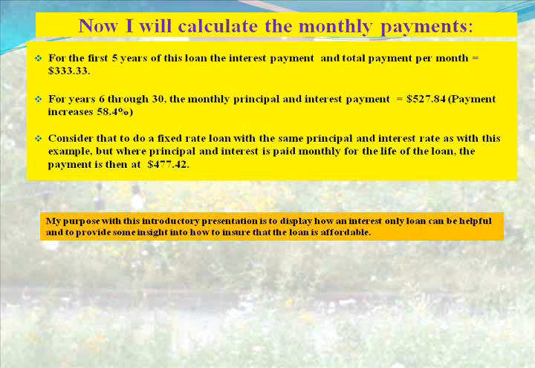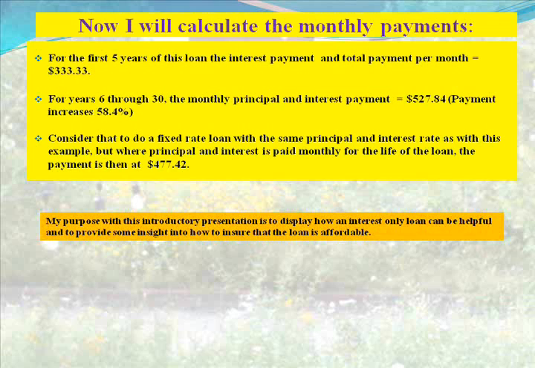For the first 5 years of this loan, the interest payment and total payment per month will equal $333.33. For years 6 through 30, the monthly principal and interest payment equals $527.84.